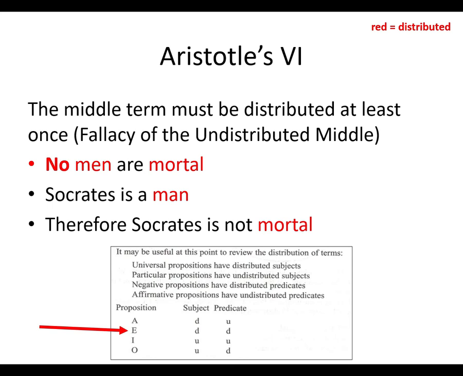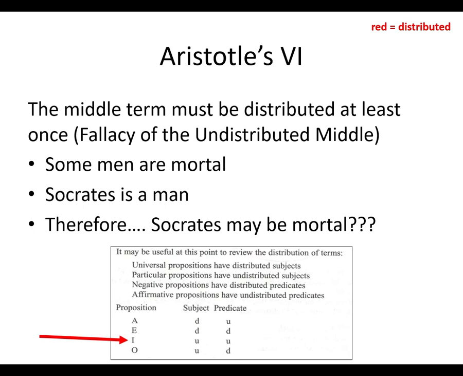So my major premise's predicate, mortal or mortality, is also distributed. Note that here our knowledge of the predicate term is also distributed in the conclusion predicate, where I am claiming to know something about all of mortality in my conclusion, namely that all of mortality does not contain Socrates.